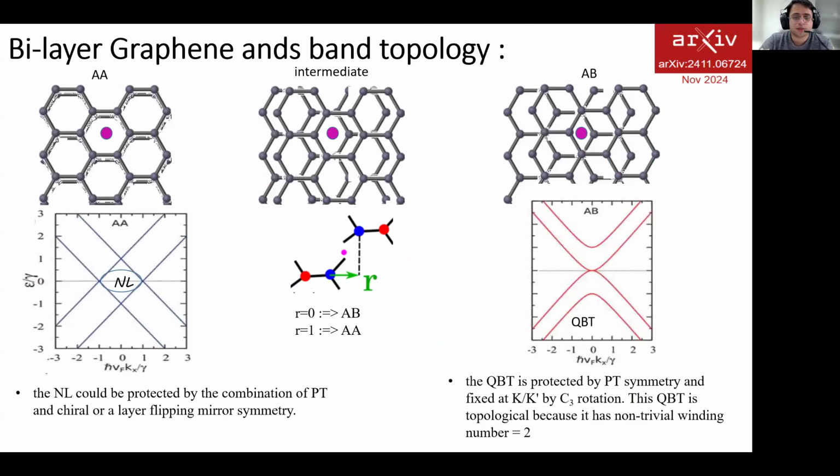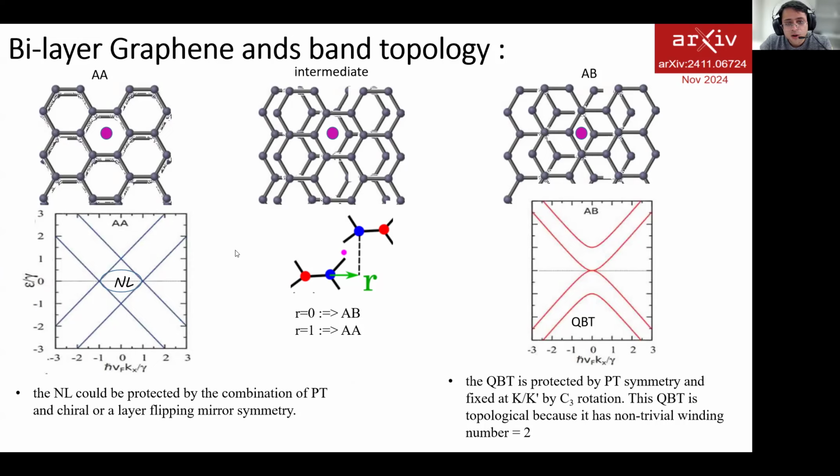So here we propose that a bilayer honeycomb lattice can lead us to the braiding procedure, and our motivation was very simple. Start with AA graphene. We know that in AA graphene, the two Dirac cones of the original graphene are shifted in the energy spectrum and make a nodal line which is protected by a mirror symmetry, and therefore it can be easily gapped out if we break the mirror symmetry, but this system still has a PT symmetry.